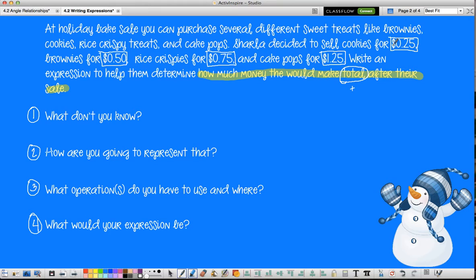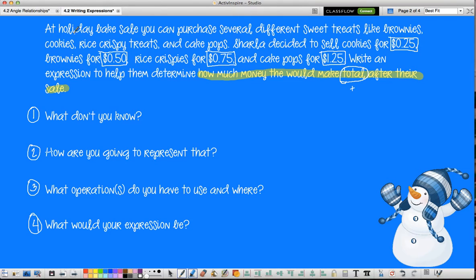Now, she's selling them for that much, and we know that it would be that much each. So if I buy one cookie, it's 25 cents, but if I buy two cookies, it's going to be 50 cents because I have to pay 25 cents for both cookies.